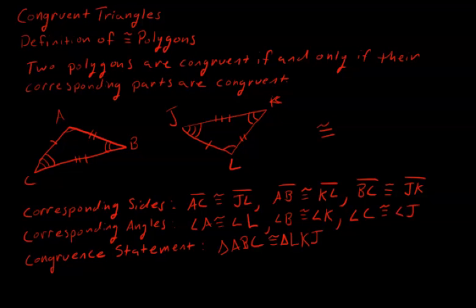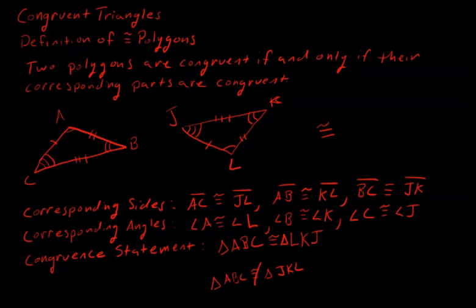So saying triangle ABC is congruent to triangle LKJ is not the same thing as saying triangle ABC is congruent to triangle JKL, because in fact, triangle ABC and triangle JKL are not congruent, right? But ABC is congruent to LKJ.